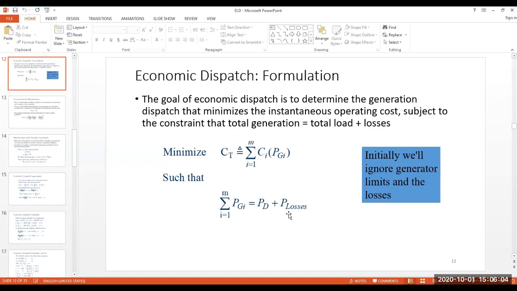If you recall, to begin with, we are ignoring any losses as well as the generation limits. So we are left with the summation of all the generations equal to demand, and keeping this constraint in mind, we have to look for a minimum cost solution. This was the target. So we can say this is my f of x and this is my g of x.